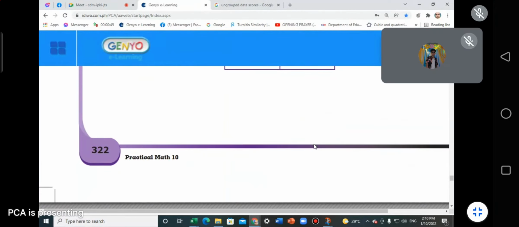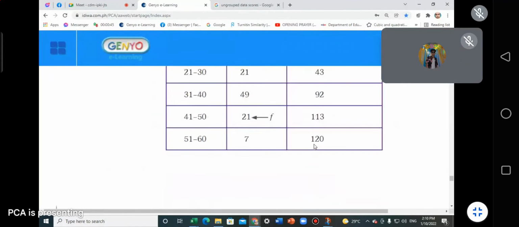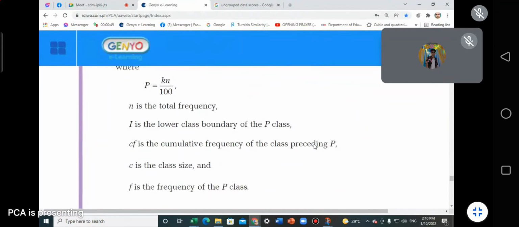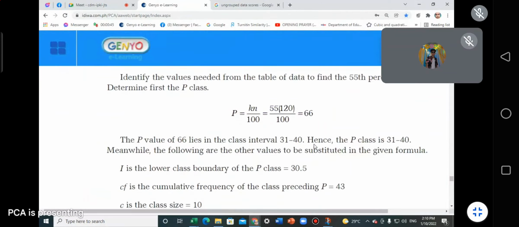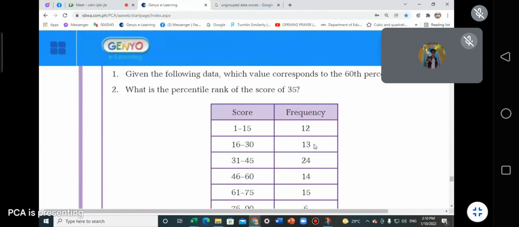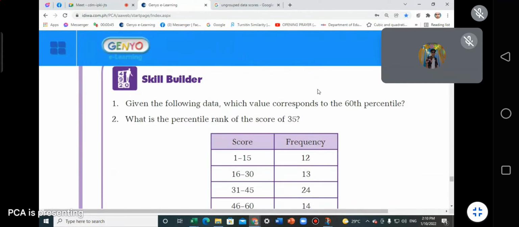Okay, the next skill builder, of course. Okay, how do you do this again? 60th percentile, no? Given the following data, this is your data.